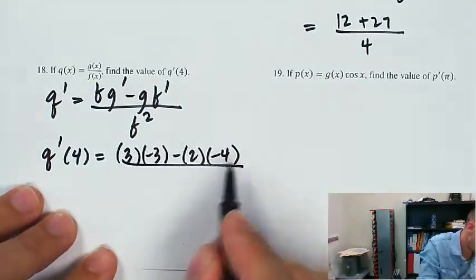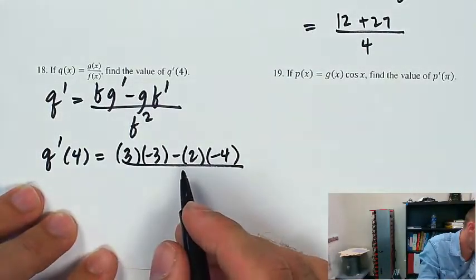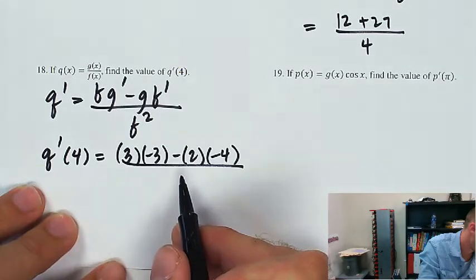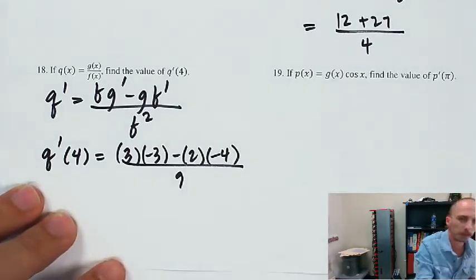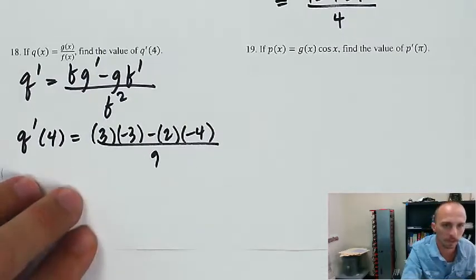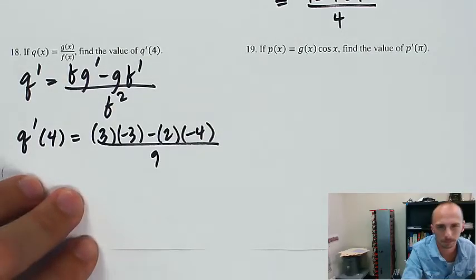And we're going to divide by f squared, so that's going to be 3 squared. I'm going to just make sure that I've got that right. F of 4 is equal to 3. I'll square it. That'll be 9. And that's, again, a safe place to stop. So it's negative 1/9. Either way, doesn't matter.